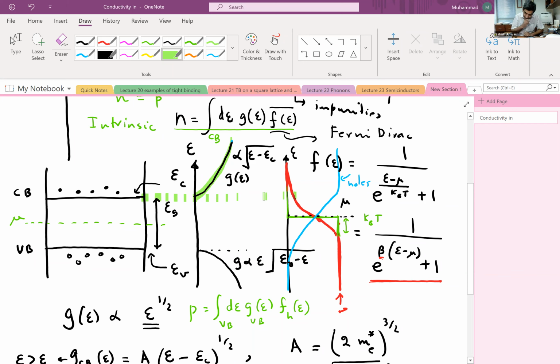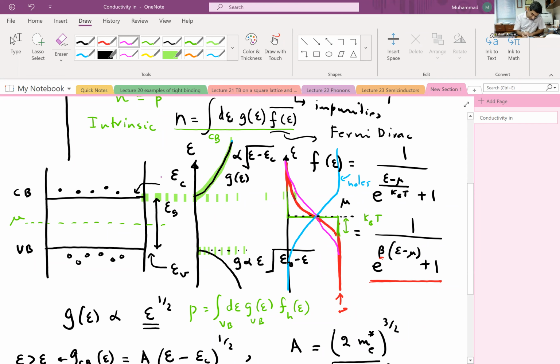So at some temperature above 0 Kelvin, you might get a slight hump in the conduction band, and you might get a slight hump at the top of the valence band. If the temperature goes further up, this curve expands even further, but not much, because of the exponential nature of the Fermi-Dirac distribution. In a sense, you multiply the density of states with the Fermi-Dirac function.